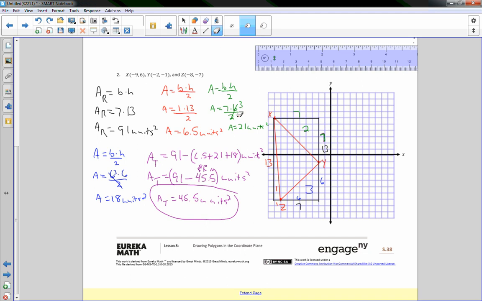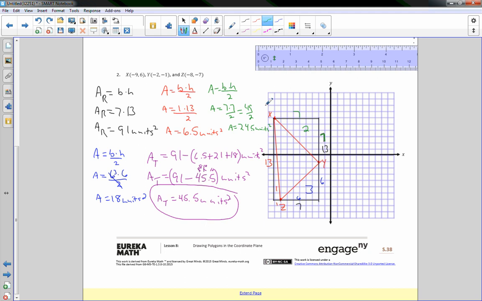It's not 7 times 6 divided by 2. It is 7 times 7 divided by 2, which equals 49 divided by 2, which is 24.5 units squared.